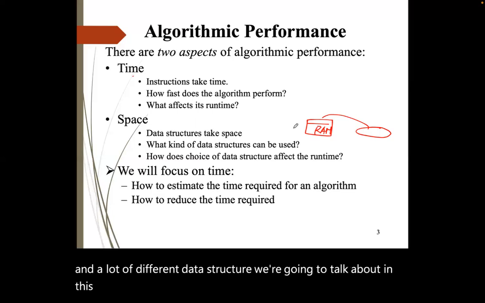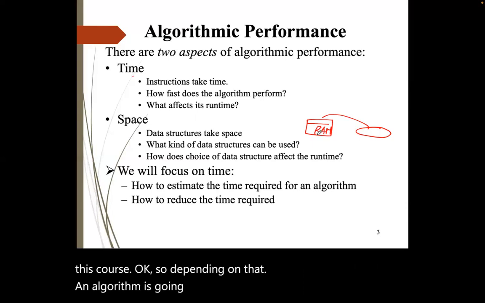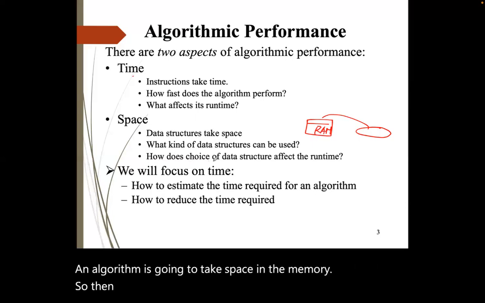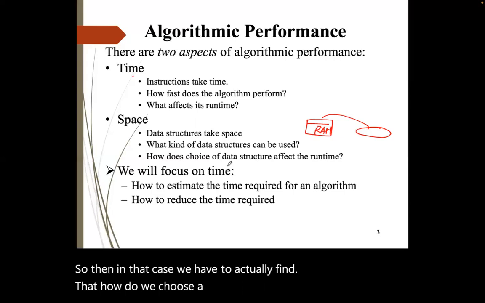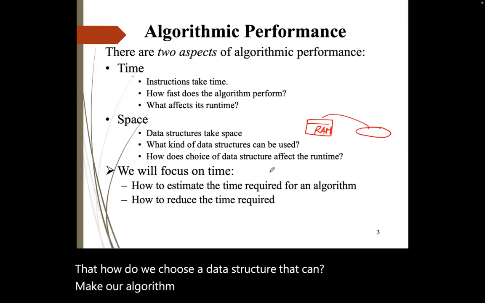So depending on that, an algorithm is going to take space in the memory. Then we have to find how to choose a data structure that can make our algorithm more efficient.